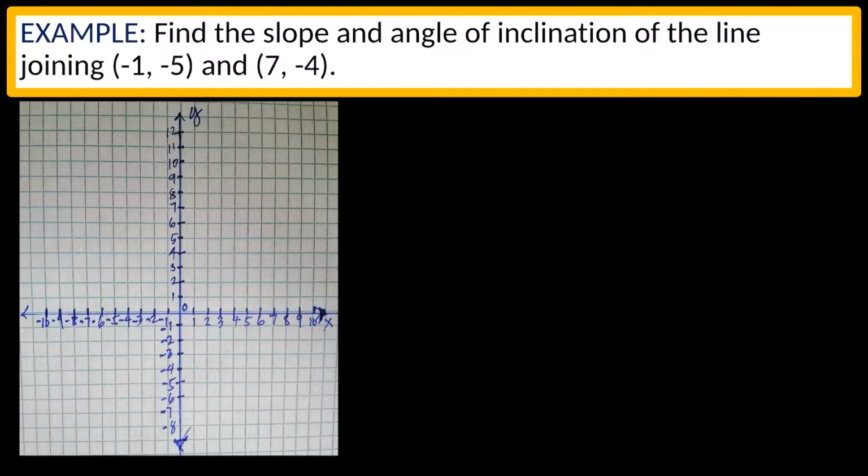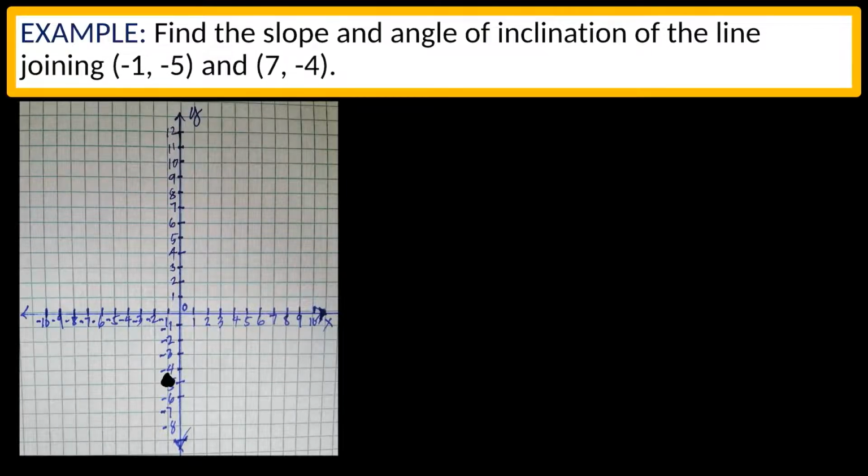Find the slope and the angle of inclination of the line joining (-1, -5) and (7, -4). Alright, so the first thing that we need to do here is to plot the points. Let's start with -1 and -5. Okay, so -1 and -5 is here.